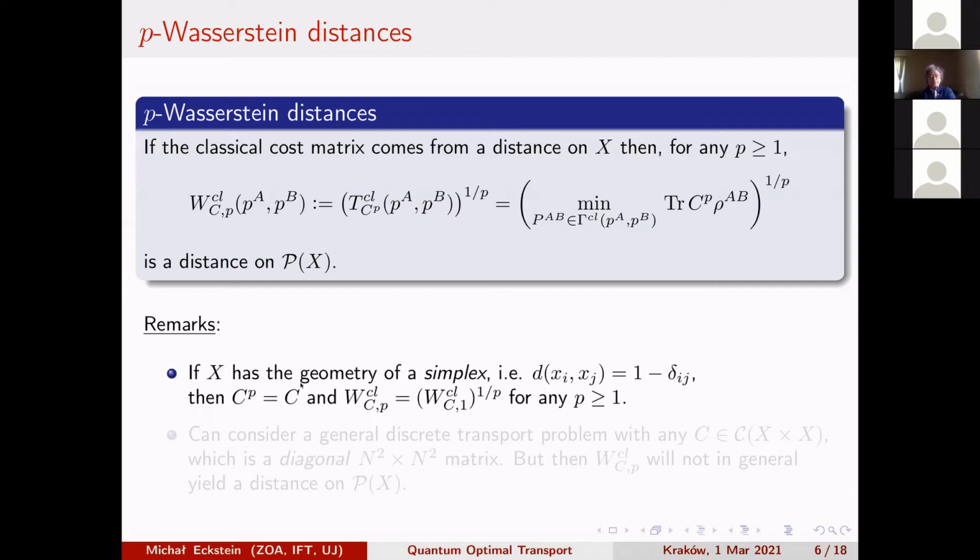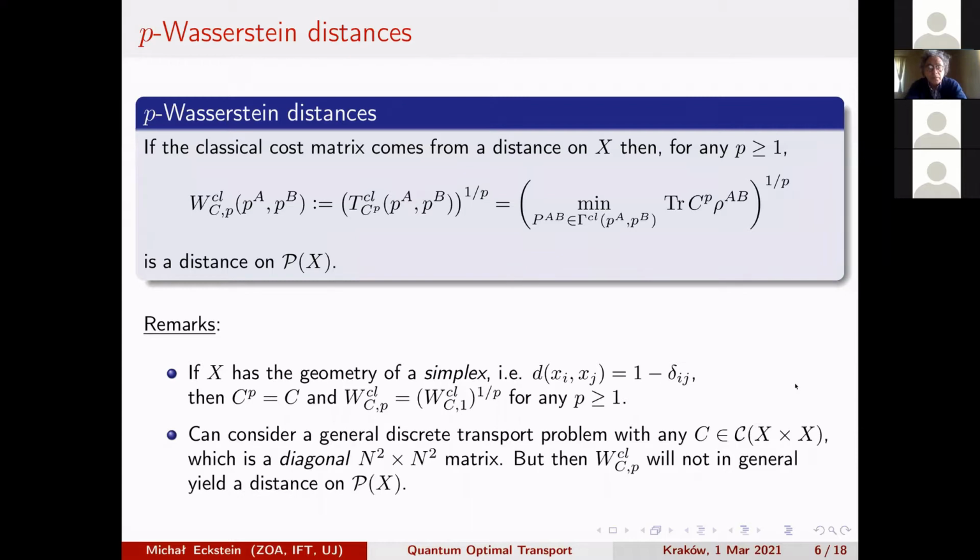So if you take any pth power of it with p greater than or equal to 1, you will just get the same matrix. So in this specific case, the optimal transport cost is insensitive to this parameter p. So for Wasserstein distances, you can just take, say, W1 and then take the pth root of it. Well, I mentioned this because this will be our starting point for the quantum case, and then we will eventually get back to the more general one.